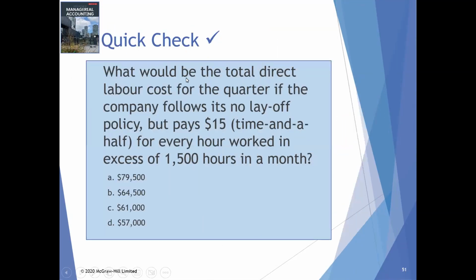Now, what would be the total direct labor cost for the quarter, right, if the company follows its no layoff policy, but pays $15, time and a half, meaning 1.5, for every hour worked in excess of 1,500 hours in a month?